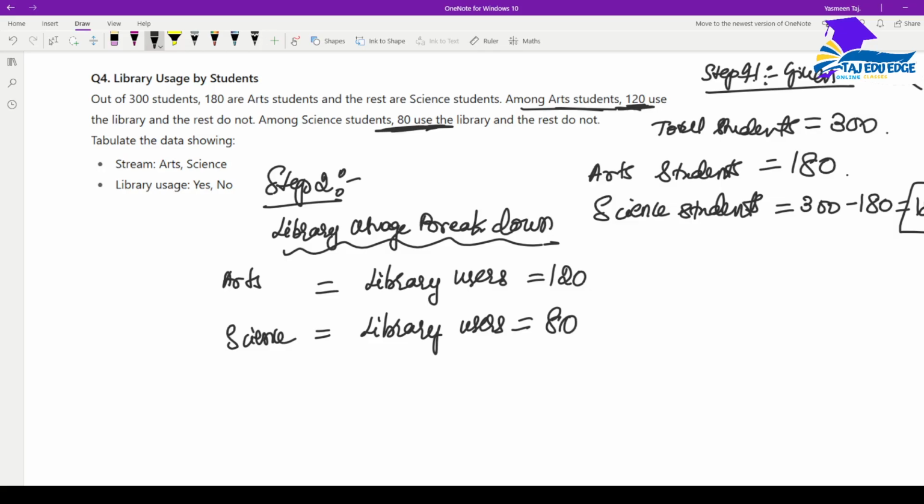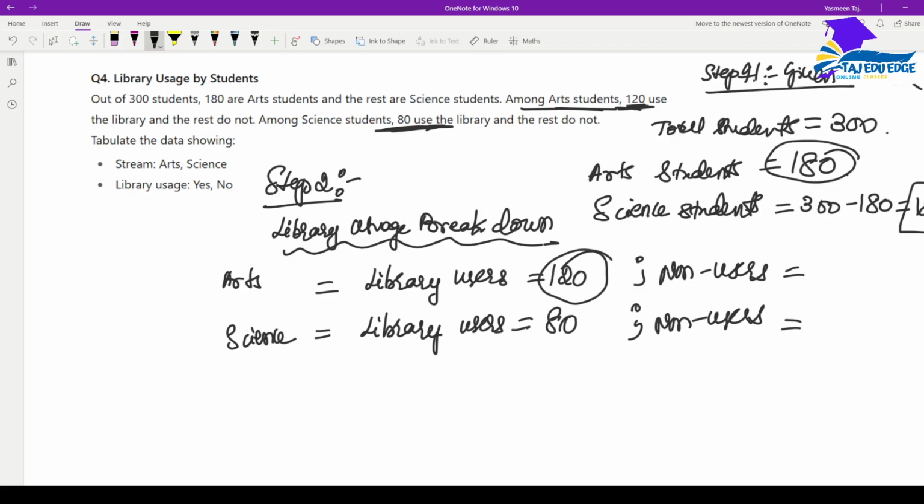Now how many are not using the library? Let's say non-users, in science and arts. If arts students are 180, out of that 120 students are using the library, how many are not using the library? That is 180 minus 120, 60. 60 students are not using the library.